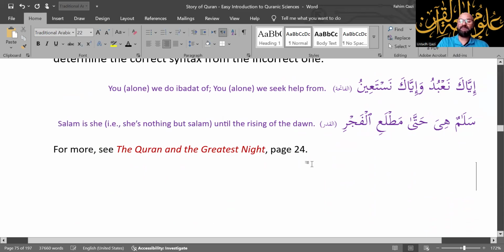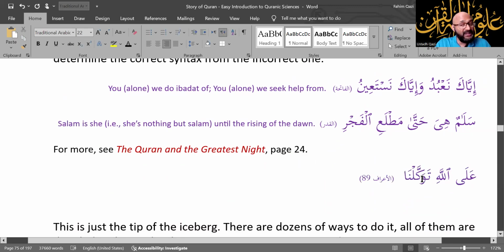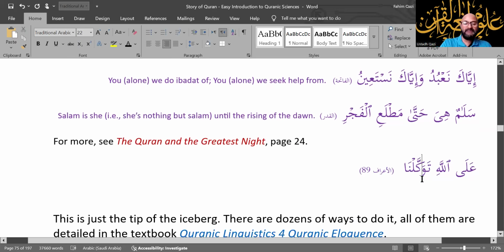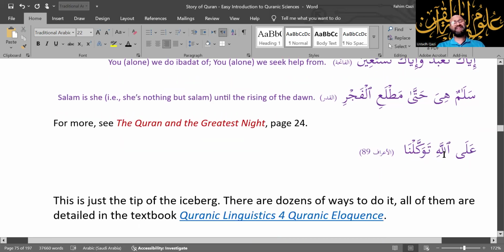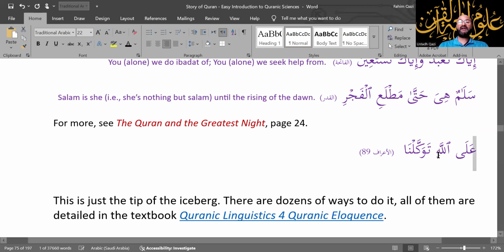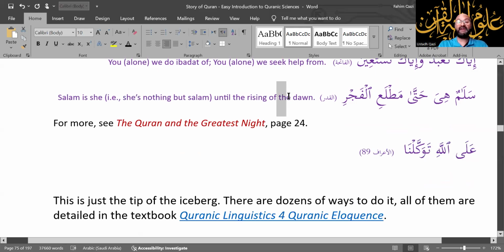All right. One last example of this beautiful syntax inversion concept, which exists in all languages, but in Arabic, it's a whole new ball game. Here's a verse. There's so many examples of this in the Quran. على الله توكلنا.